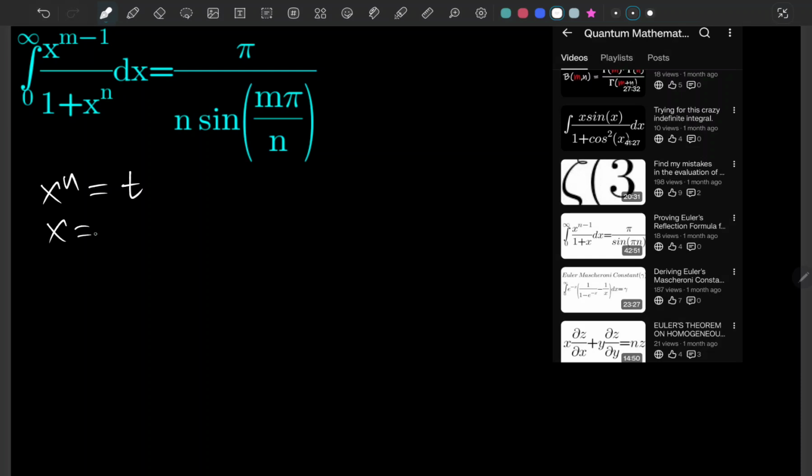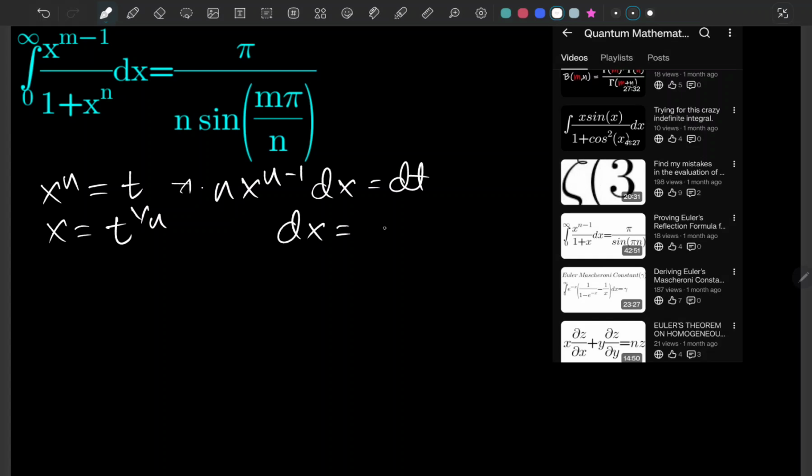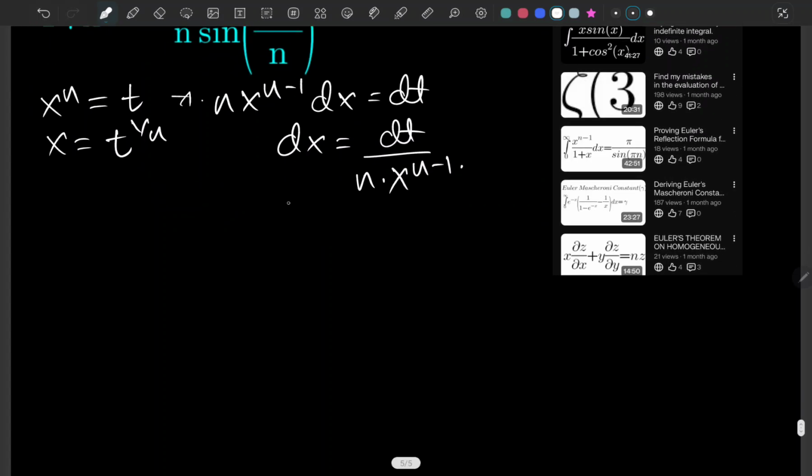So x is t to the 1 over n, and from here we can say n times x to the n minus 1 dx is dt. So dx equals dt over n times x to the n minus 1, or from here we can say dx is dt over n x to the n over x.